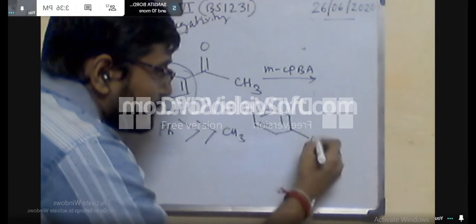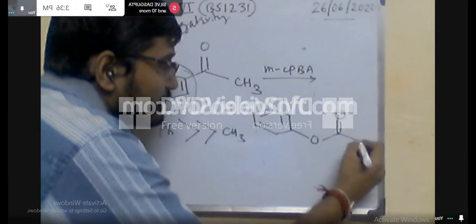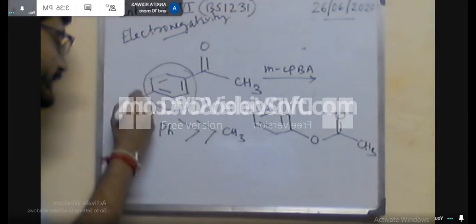So that means nitro can abstract the electron density.